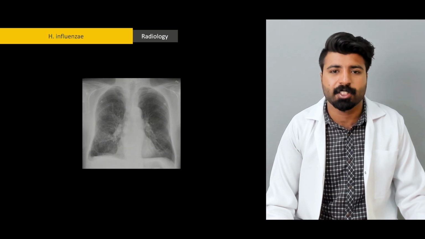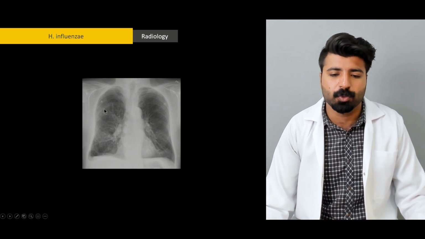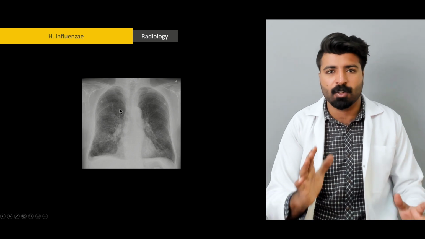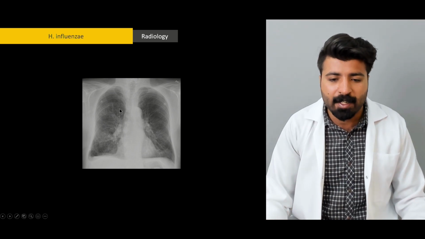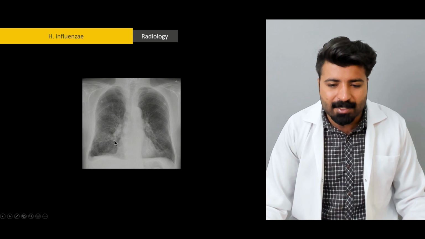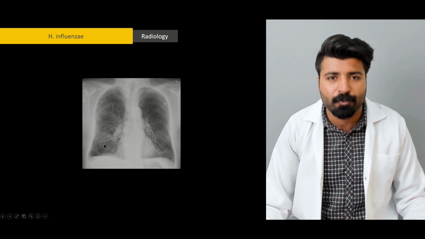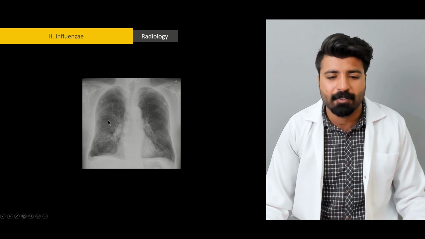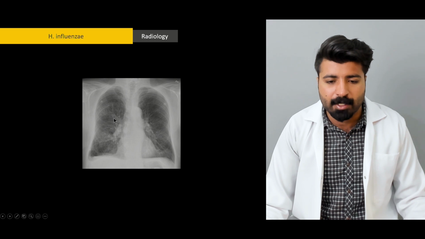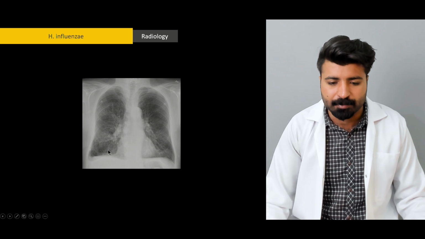And what will you find on Haemophilus influenza's radiology? You can see it's diffuse. It's not affecting any specific lobe. It's majorly affecting the interstitium, but in some areas it's also affecting some alveoli. So it has a very patchy appearance. It has a very radiating kind of appearance on the chest X-ray, affecting every place there is, as you can see.